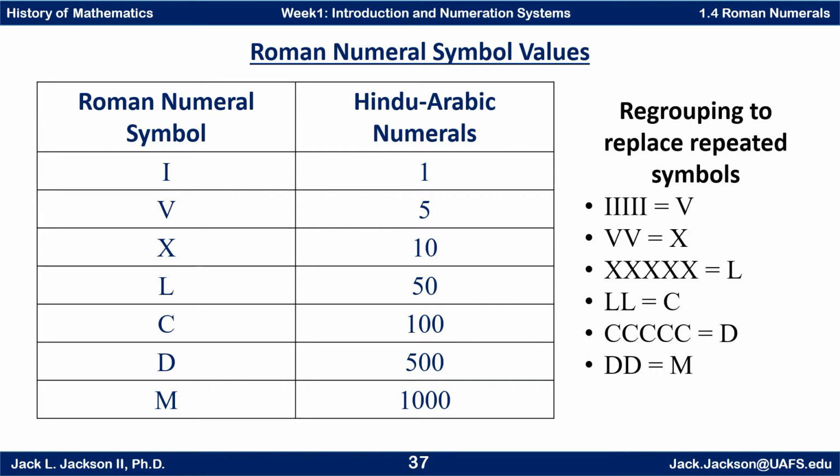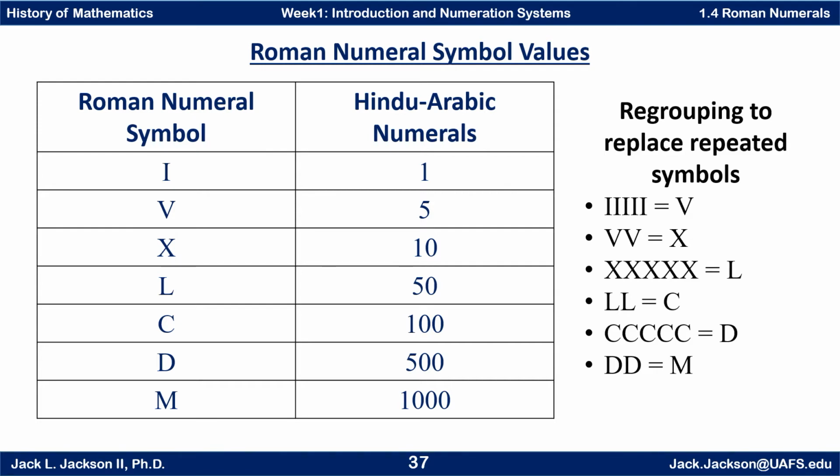D represents regrouping 5 groups of 100, resulting in a single group of 500 individuals. Finally, M represents regrouping of 10 groups of 100, regrouping 2 groups of 500, or a single group of 1,000.